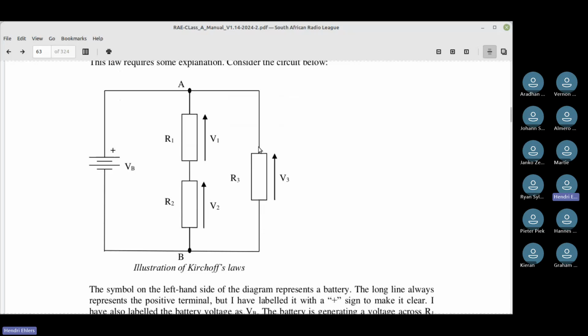I'm now just using this resistor as an example. So the voltage drop over this resistor would be a total of 12 volts. They just told us there at the top that the voltage going in here and the voltage going around here is exactly the same. So we'll have 12 volt in here as well.